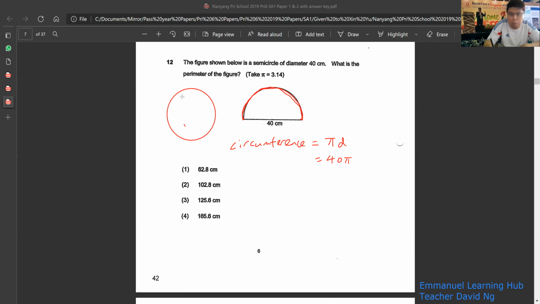So right now I have the full perimeter of the circle, the full circumference. But what I require is only half of the circle. Am I right?